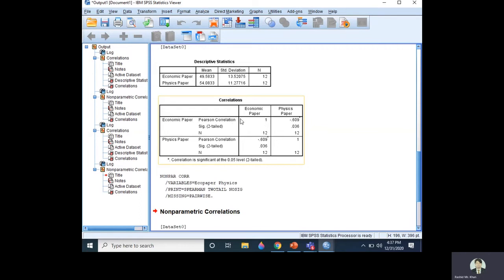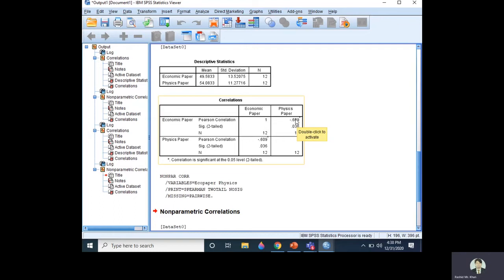That's the Pearson correlation. So look at here, it is minus 0.609. So the variables are negatively correlated. Okay, here is 0.036, which is significant because it is less than 0.05, while the minus 0.609 is showing us that there is a strong negative relationship between the two variables.